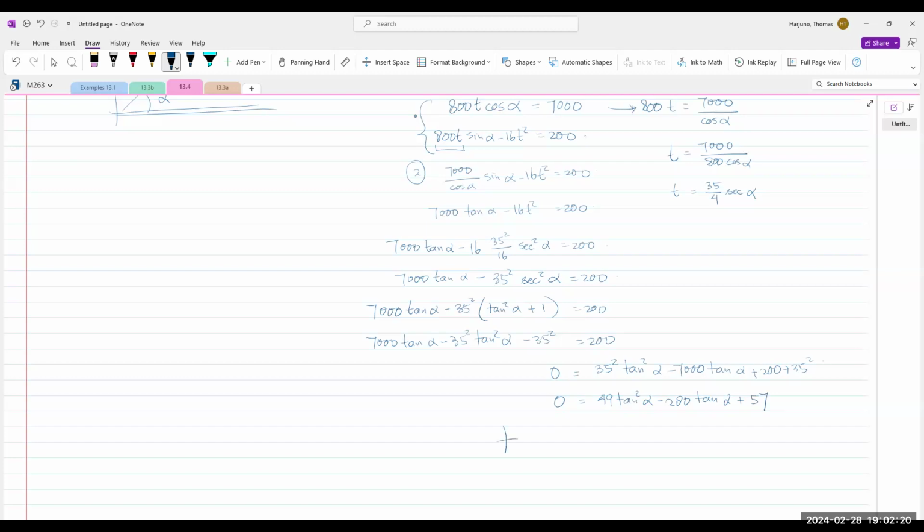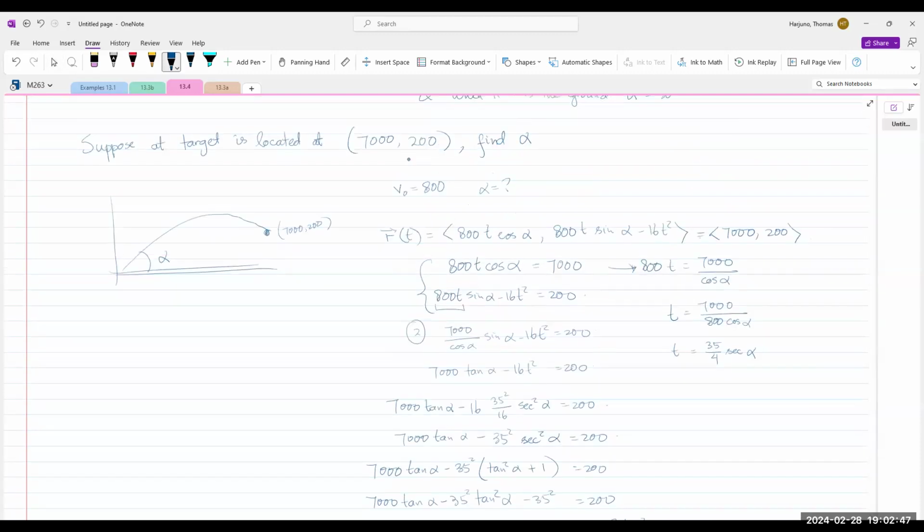Now tangent alpha equals negative b plus or minus the square root of b squared minus 4ac, over 2a. Yes, there are two angles. One angle is the largest angle, and the smaller angle will be the one shooting it directly, like that.